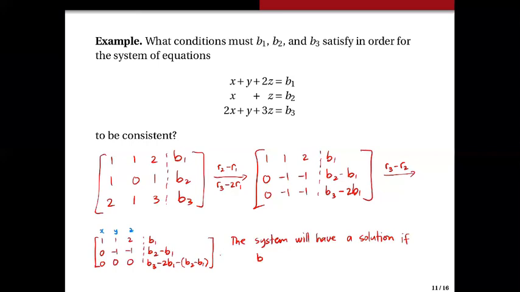If B3 minus 2B1 minus B2 plus B1 equals 0. Correct? Because if that was equal to 0, you'll just have 0 equals 0, and there's no contradiction. But if this guy here is not equal to 0, you will have 0 equals something not 0. And that's a contradiction.